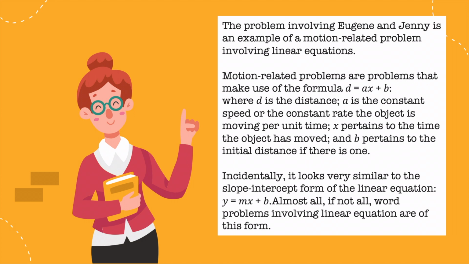Incidentally, it looks very similar to the slope-intercept form of the linear equation y is equal to mx plus b. Almost all, if not all, word problems involving linear equations are of this form.